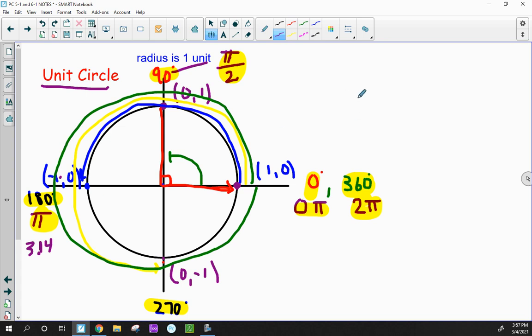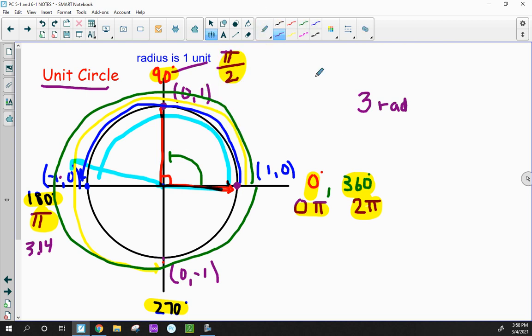So if they tell you that they're thinking of an angle that has 3 radians, then you need to be wise enough to know that they're talking about an angle that goes from the initial side all the way over to almost the x-axis. So something like that, for example. Okay. So this would be 3 radians.